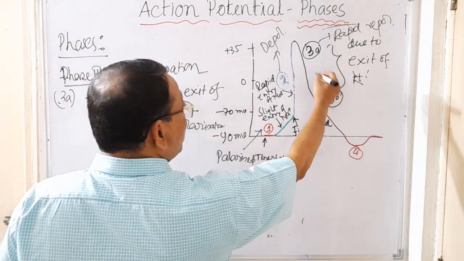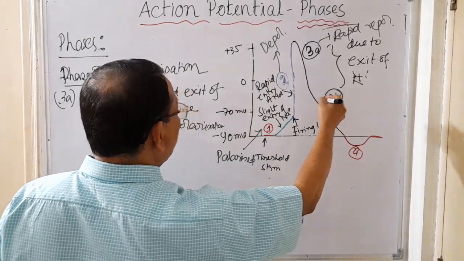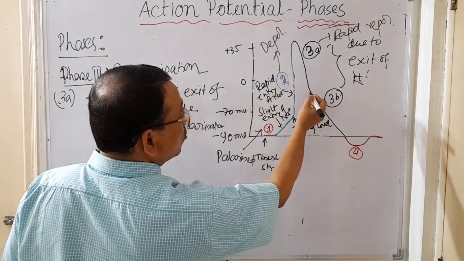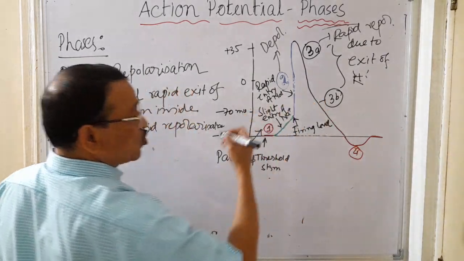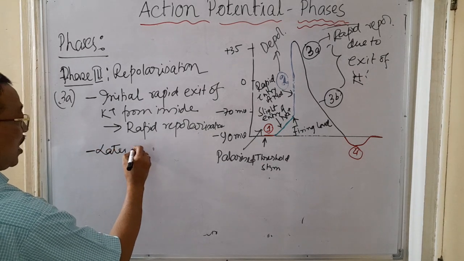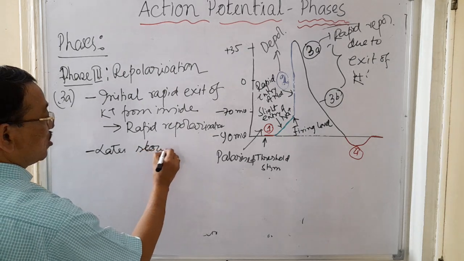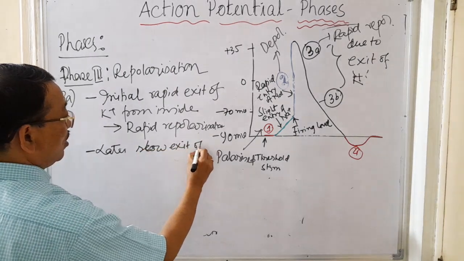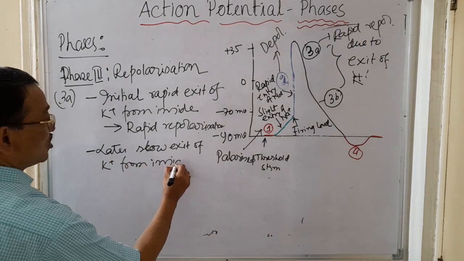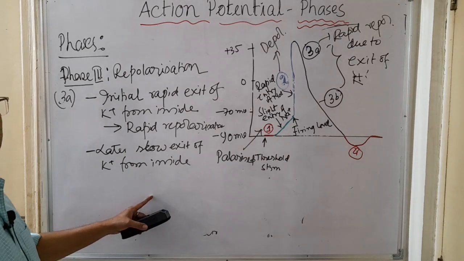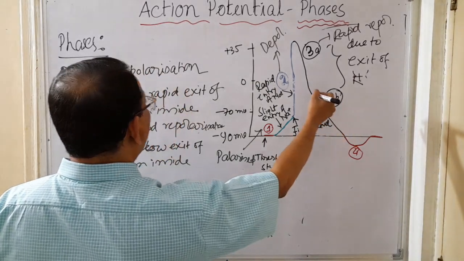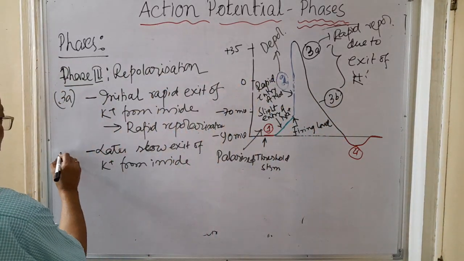After a certain period, the potassium exit becomes slow, and this is why the curve is gradual. There is a gradual reappearance of the electronegativity inside. This slow exit of potassium ion from inside, in the second half of repolarization, is phase 3b.